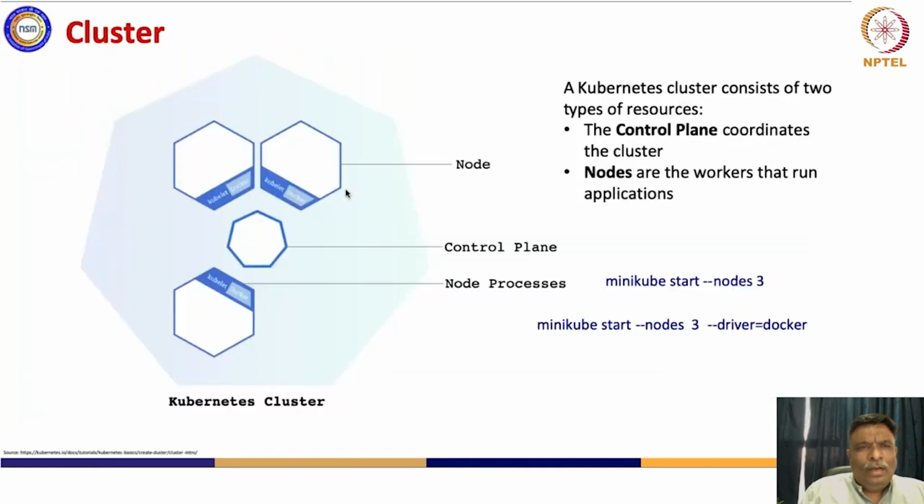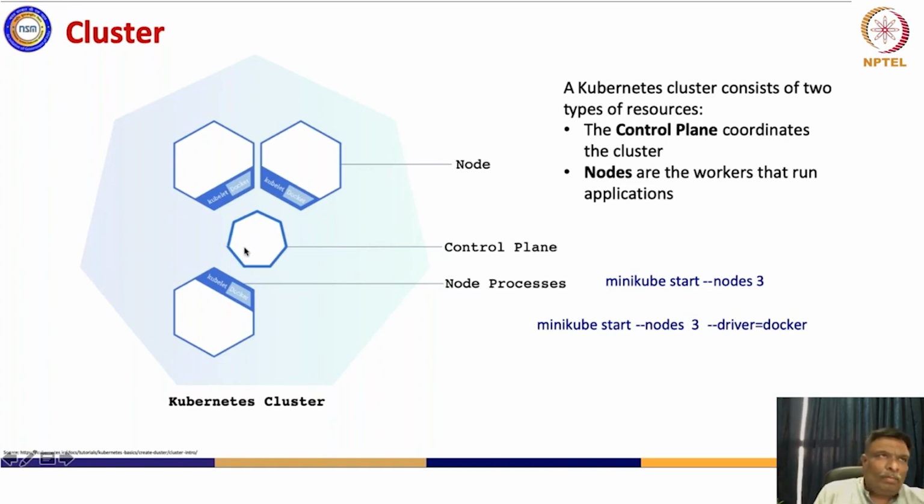So let us try to go into a bit of a detail of what a cluster is. If you see this diagram, this is, let us say, a Kubernetes cluster. What we are trying to show here is there is a control plane here.